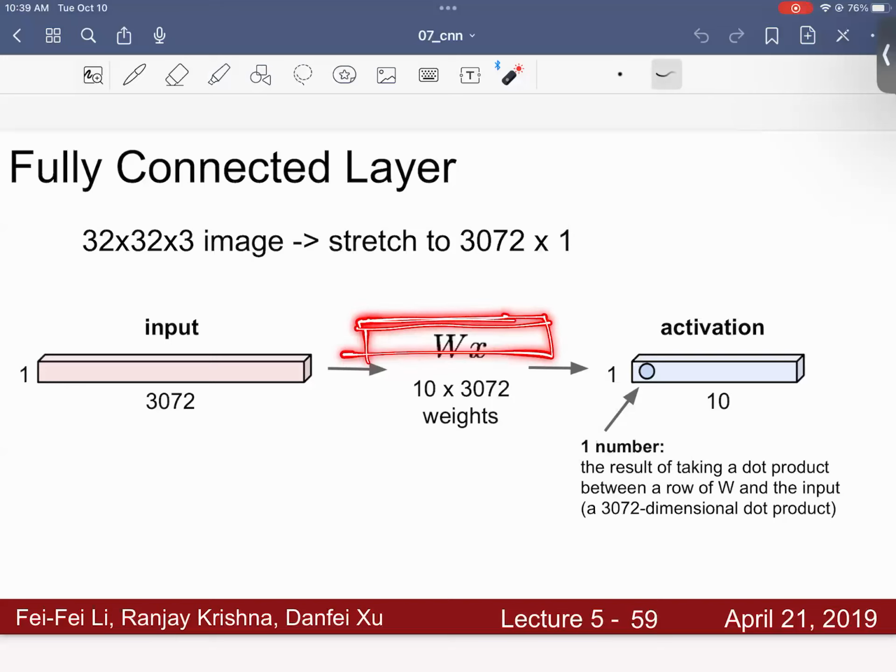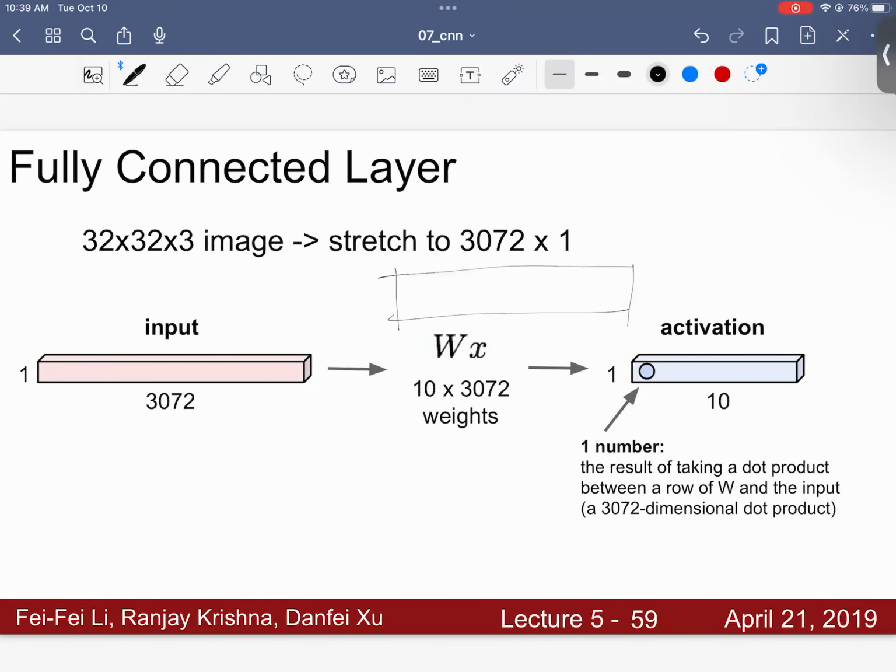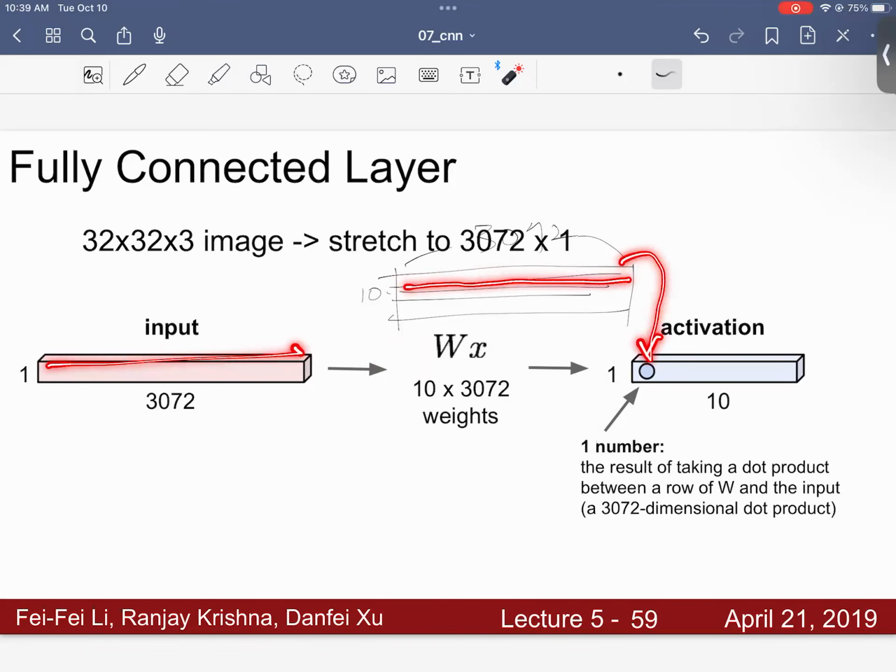A single row here does a dot product with this input, and then it gives you a value here. So this is 10, this is 3072, and each row does this. The first row does a dot product with the input, and it goes here. The second row does a dot product with the input, and it goes here, like this.